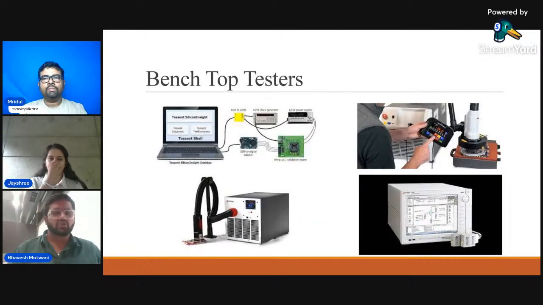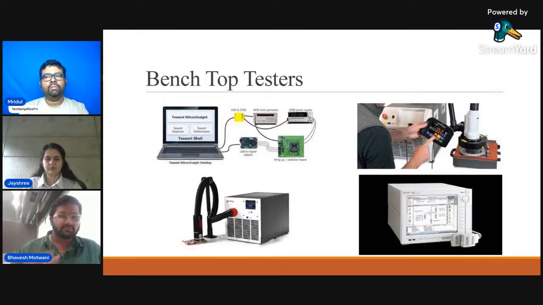Now, a benchtop tester. At a very small level, when we need to do an electrical test, a parametric test, or even a thermal test, we use a benchtop tester. We have seen the CROs, cathode ray oscilloscopes, curve tracers, AC testers, IDDQ testers, built-in self test for ATPG, automatic test pattern generation. So these benchtop testers come in.